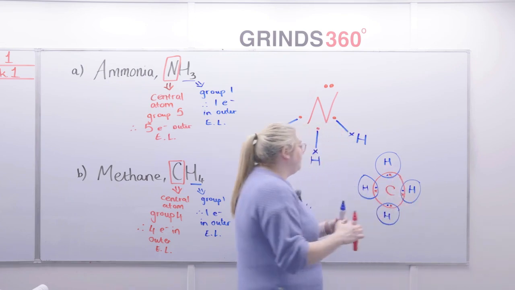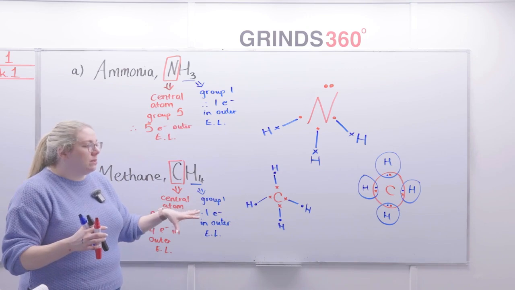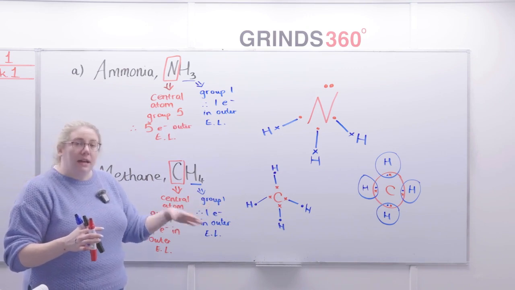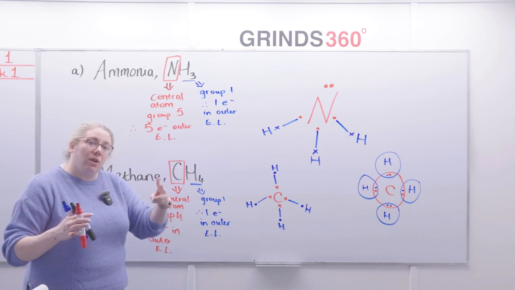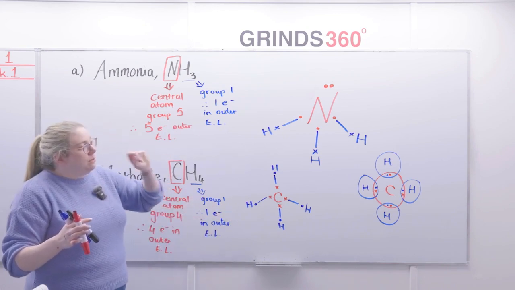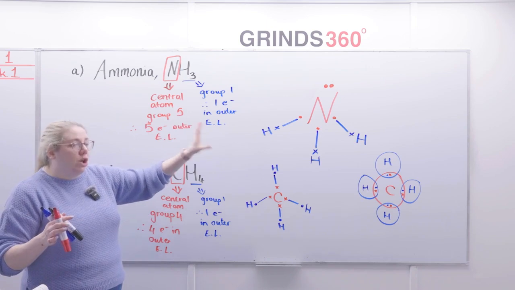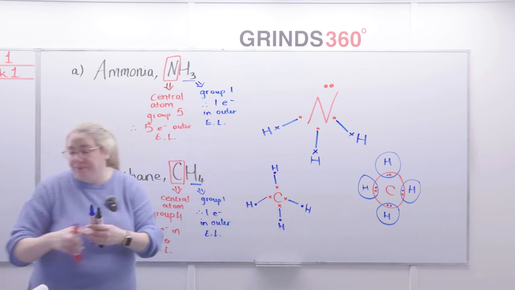Like that. Both of those diagrams are perfectly fine. So don't be stressing about which one is the more correct way to draw. It doesn't matter. As long as your examiner can see the correct number of electrons and the correct number of atoms, you are absolutely in the clear. The only bit that's a little bit dangerous is if you have a lone pair and you haven't grouped them together. The examiner will nitpick on that.